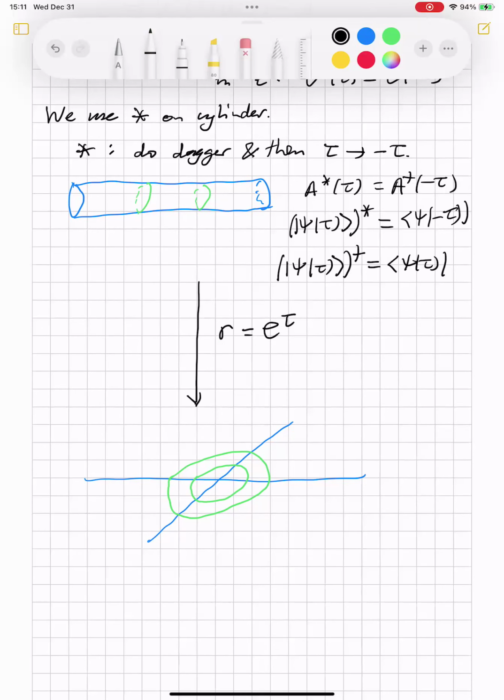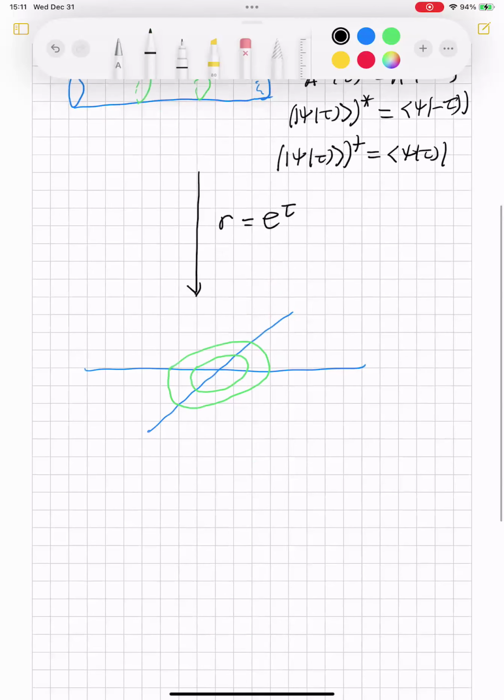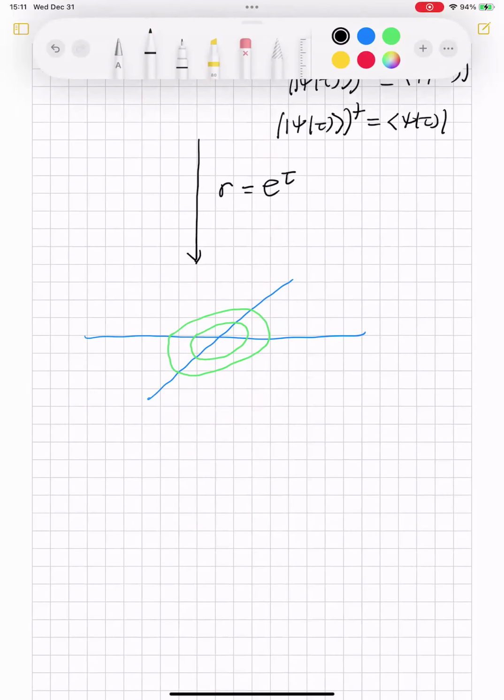So in particular, if we look at this rule of sending tau to minus tau, what action does it have on r? Well, star acting on r, which is e to the tau, would change it into e to the minus tau, which is 1 over r. But we know how we go from r to 1 over r.